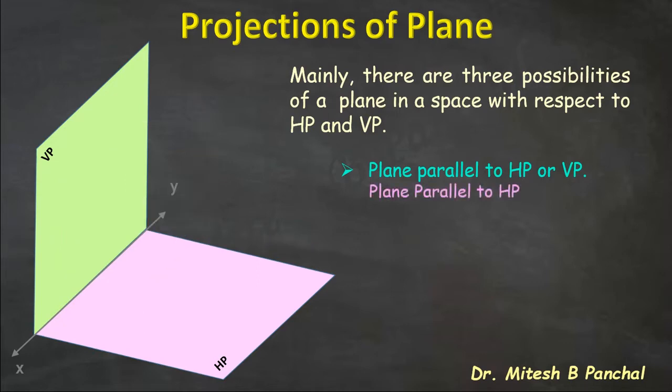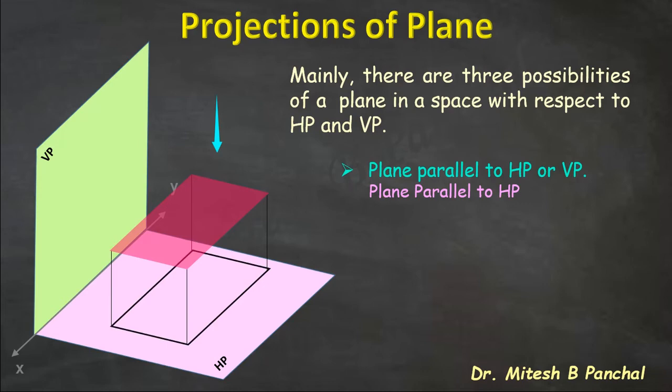Now consider plane parallel to HP. Here the rectangular plane is considered parallel to HP, and when we are viewing this rectangle from the top side, the top view of the plane will appear as a rectangle, or we can say the true shape of the plane. So the true shape of the plane when the plane is parallel to HP is visible when we are viewing the plane from the top side.